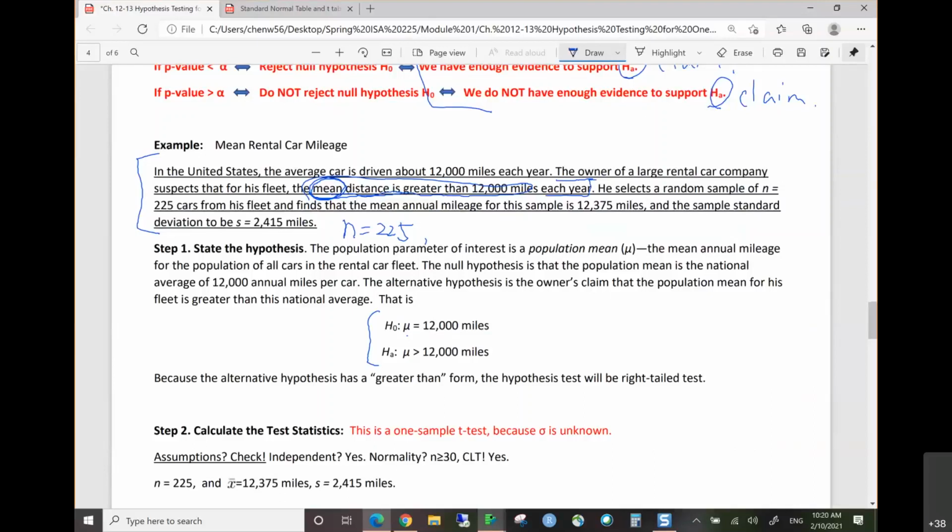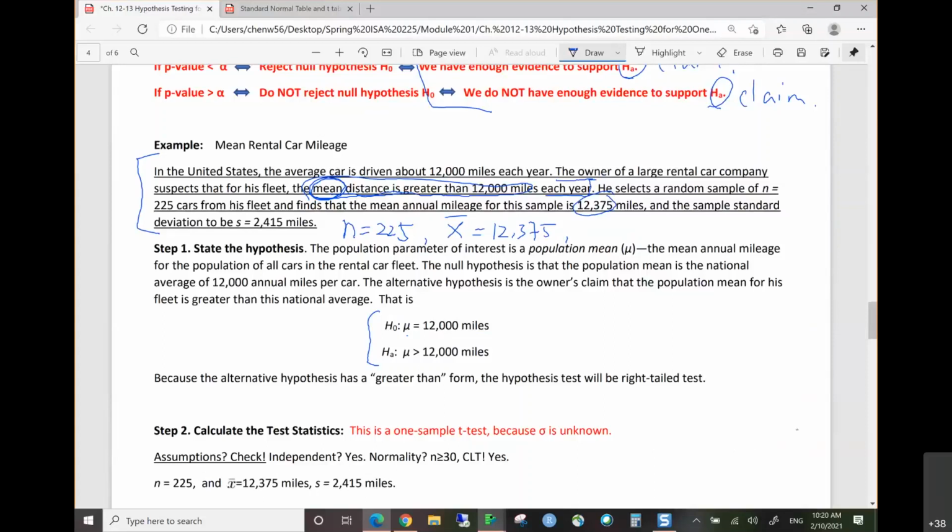So what is this 12,375 miles? What is that? X bar, right? So this is the sample mean, the mean for this sample. So that would be the x bar, 12,375 miles, right?